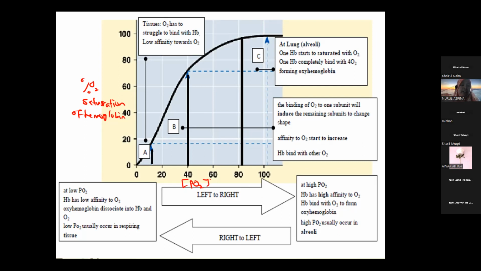Okay, right, next. Okay, so apa benda yang kena faham madam kat sini? Nampak graf ni ada banyak sangat label kan?